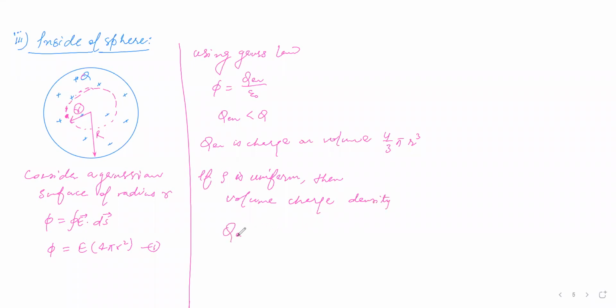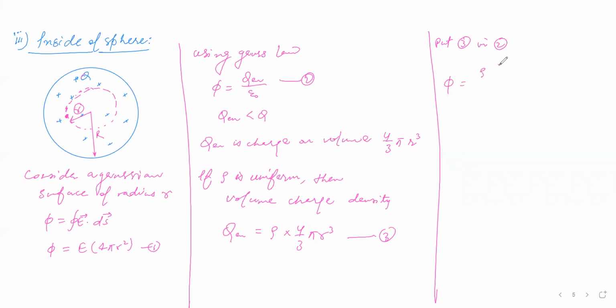It will be Q enclosed is equal to density into 4 by 3 pi r cube, which is your equation number 3, and the earlier one is equation number 2. When you put this value of 3 in equation number 2, we get phi is equal to rho 4 by 3 pi r cube over epsilon naught.